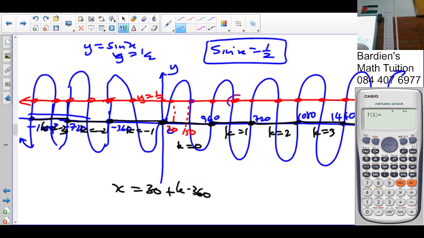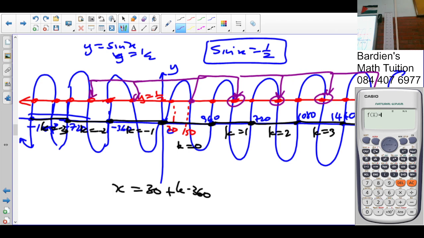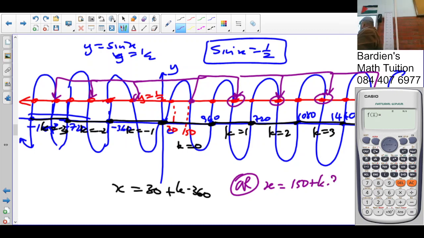But that corresponding value will be there. And how many degrees is that later? 360. From there to there is how many degrees later? 360, 360, 360. In this direction, negative 360. Can you see that, people? So if I must represent that as a general solution, we will say x is equal to 150 plus k times 360 degrees.